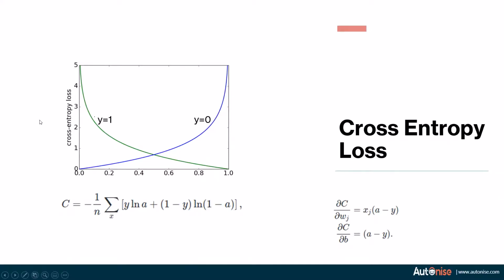So the takeaway is that if you are using a sigmoid activation function, then you should use the cross entropy loss function to ensure that the gradient of the cost function with respect to its parameters is independent of the derivative of the sigma function.